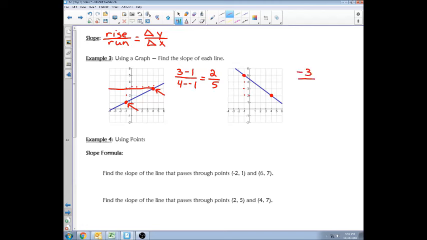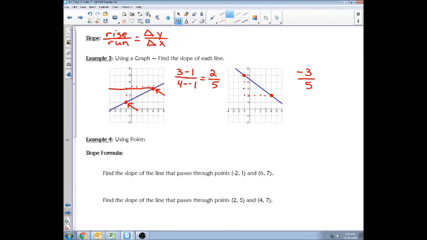Then I go to the right, 1, 2, 3, 4, 5. Moving to the right will leave me with a positive number. If I were to move to the left, then I would have a negative number. So my change, 1, 2, 3, 4, 5. Yep. Okay. My slope in this case is negative 3 over 5.